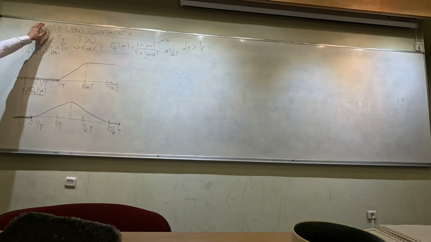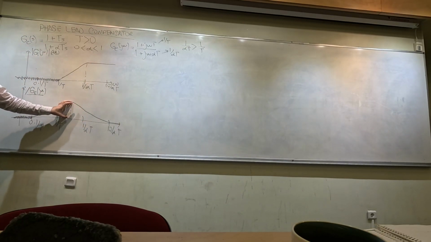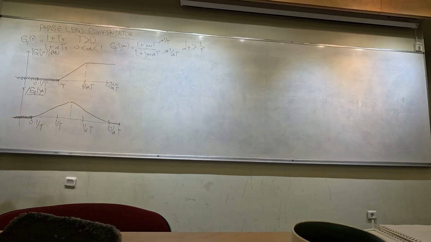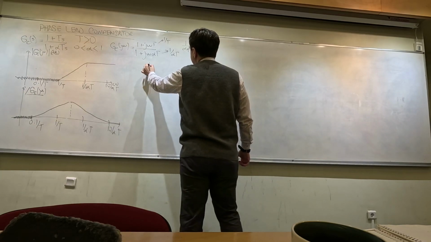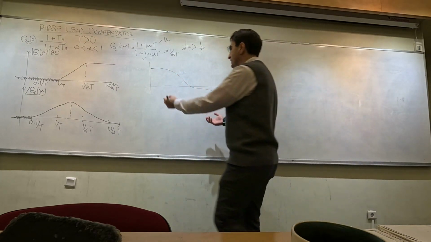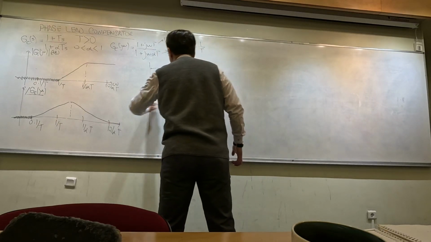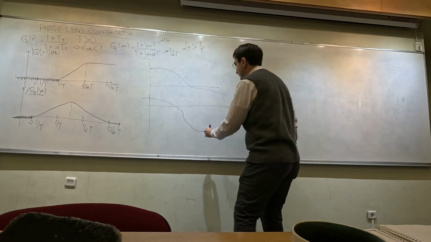The reason this compensator is called a phase lead compensator is that its phase is always positive, and we are going to use this phase lead to increase the phase margin of a system. If I consider a control system with a Bode plot given like this, I'm making this up, okay? And let us say I have the following phase plot.